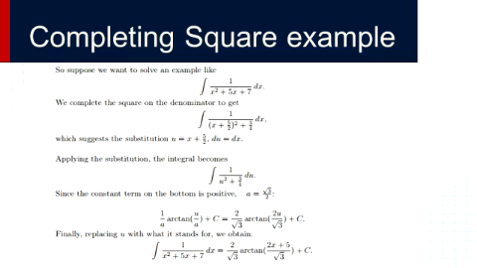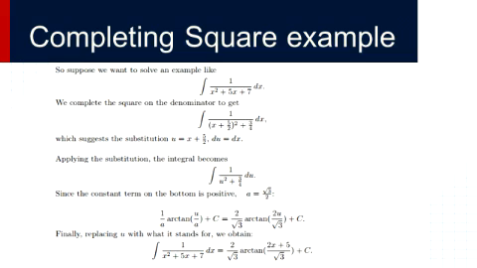Now remember the trick. Take half of the x coefficient and square it. Then we'll add and subtract that quantity. We'll complete the square on the denominator to get 1 over x plus 5 over 2 squared plus 3 over 4. Let's apply u substitution.